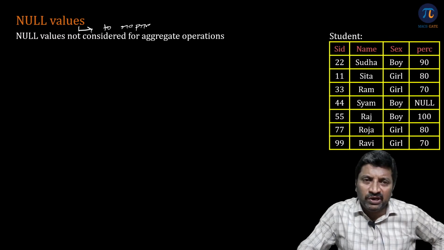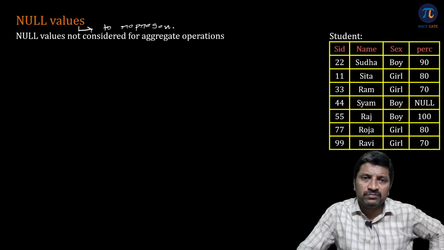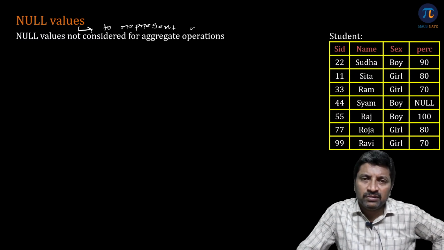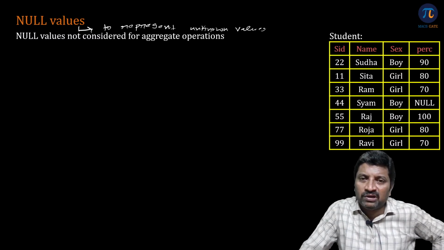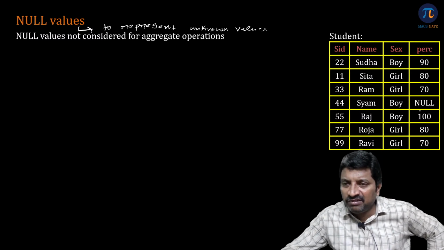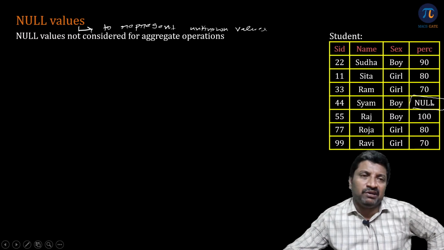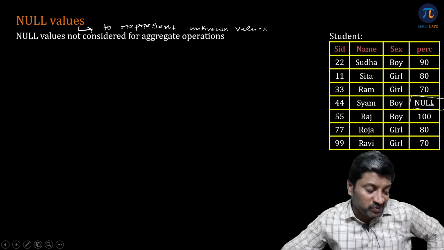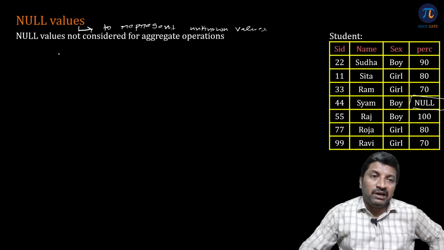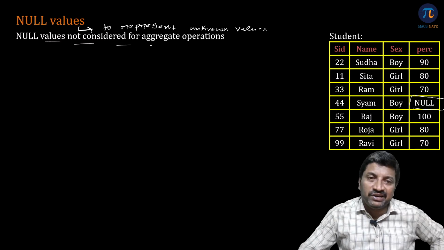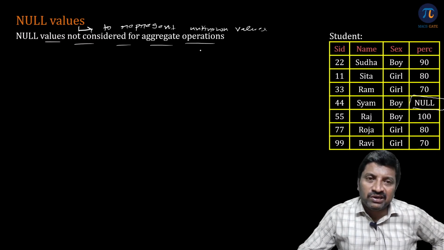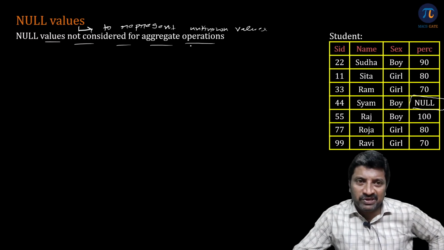Whenever the value is missing, we apply null. Suppose I don't know the percentage of Sham, then we write null. Then what is the speciality of null values? Null values are not considered for aggregate operations.